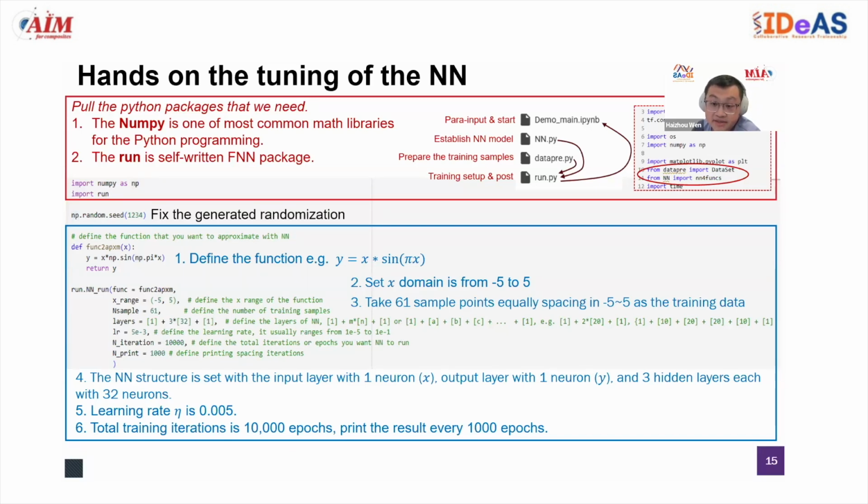The first 2 lines import the necessary Python packages. I presume most of you know what NumPy is. This package is one of the most common math libraries for Python programming.